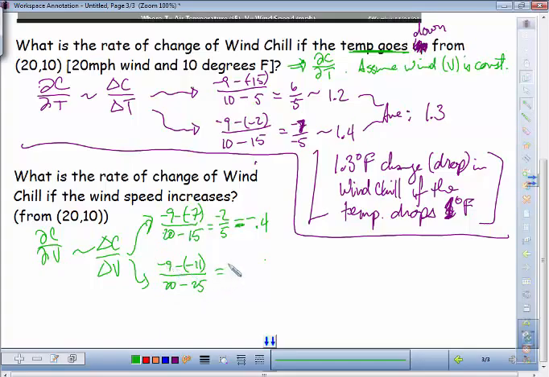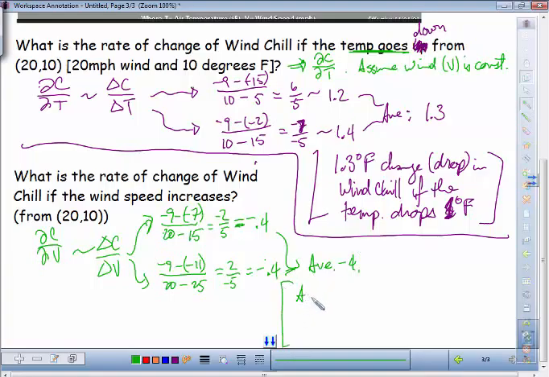So here we have a +2 over 5, -5. So it's -0.4 again, which means the average is -0.4. So your wind chill drops -0.4.